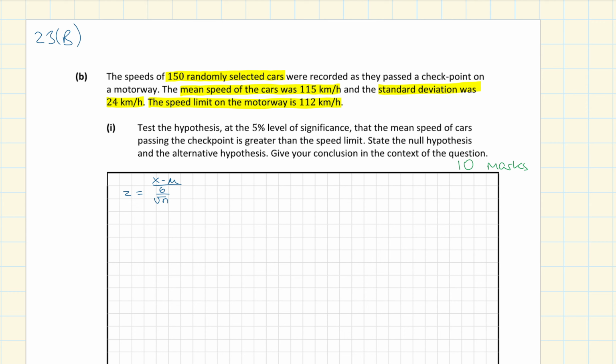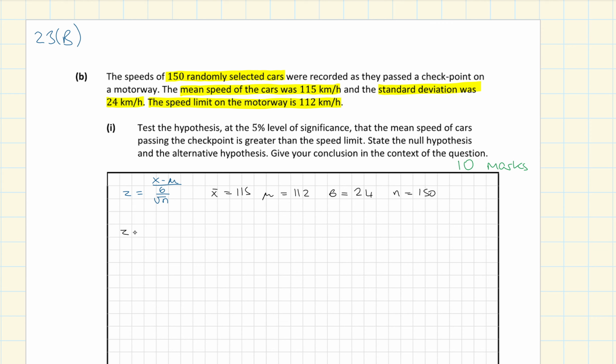They tell us the mean speed of the cars is 115. The speed limit is 112, so we treat that essentially as the mean, because we don't want them to go past that point or exceed it. The standard deviation is 24, and they told us there were 150 cars.